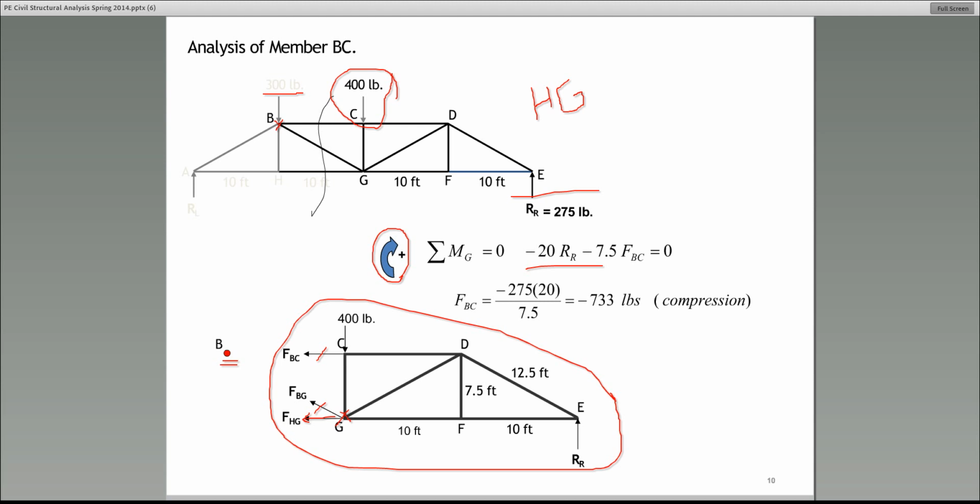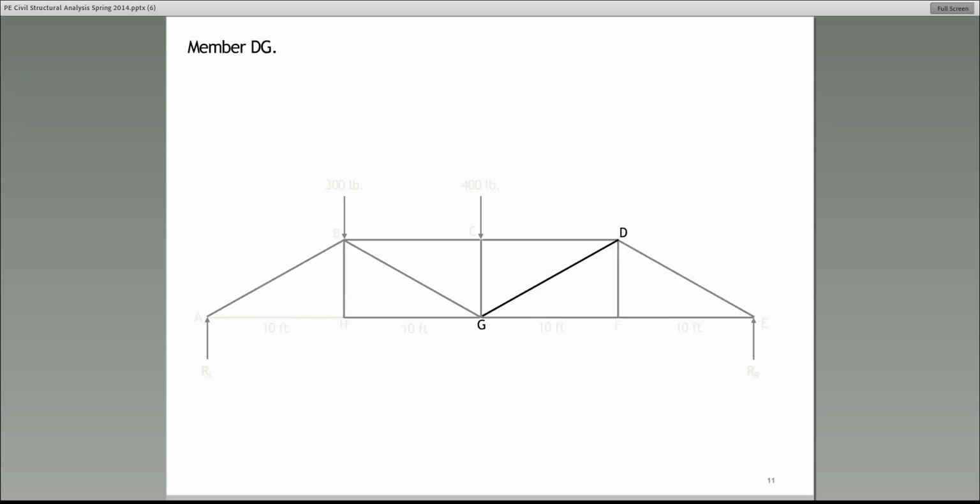B certainly satisfies that. So yes, you can sum the moments about the point B, and you will get HG. Do it on your own. See if you can get it.